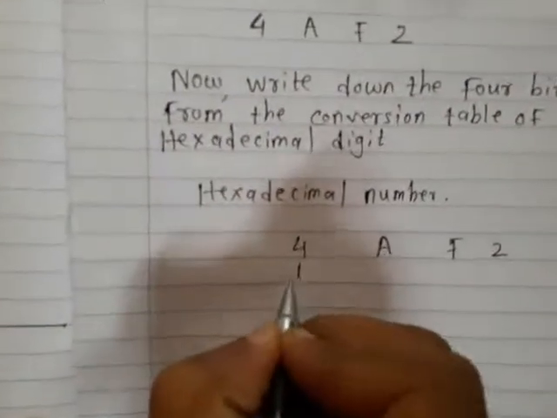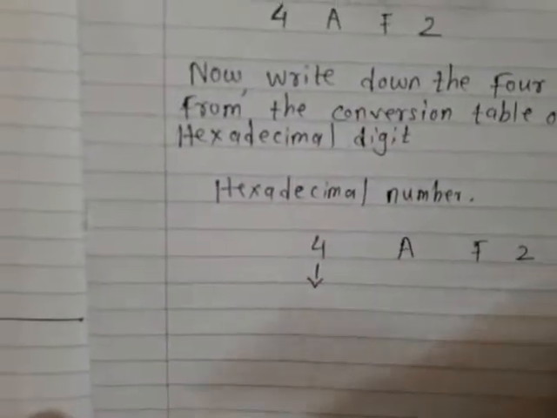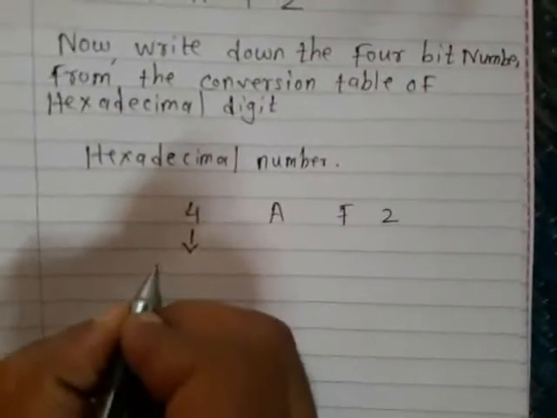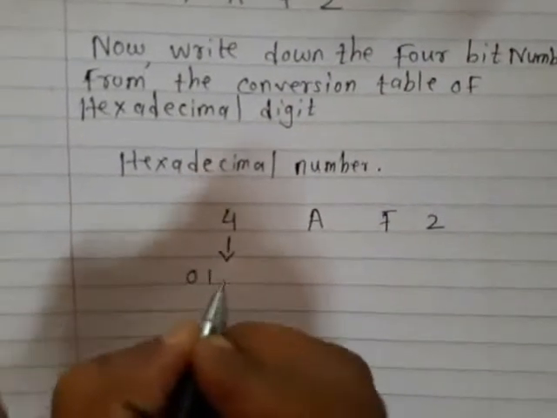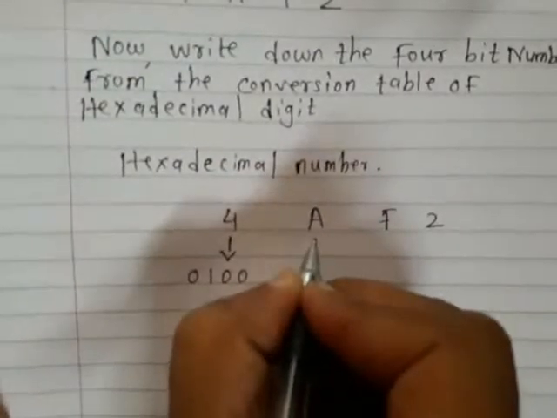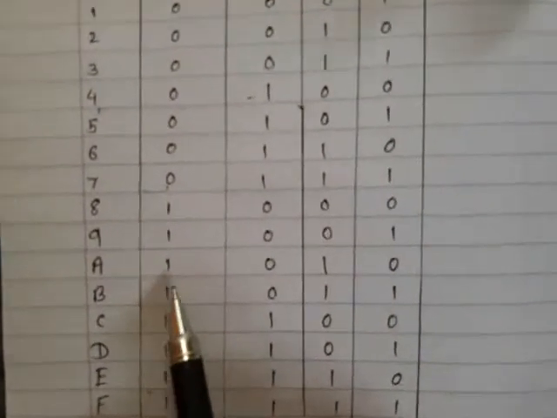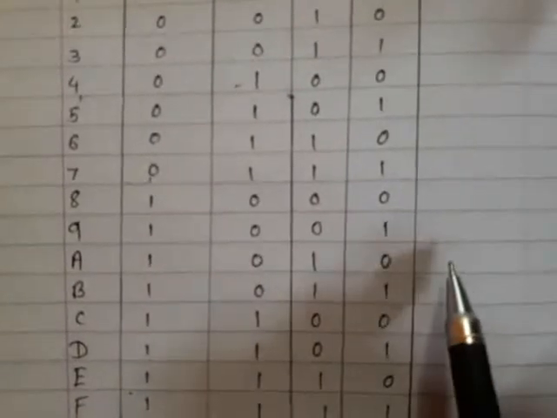Okay, now see here, now 4, what is the value of 4? See here, what is the value of 4, students? 0 1 0 0. Now write this value here, 0 1 0 0. Okay, now see A. What is the value of A in the chart? 1 0 1 0.